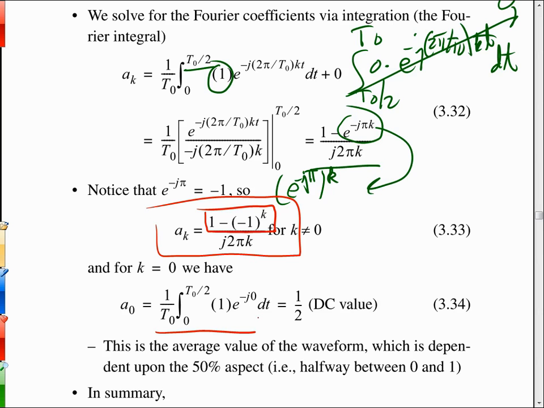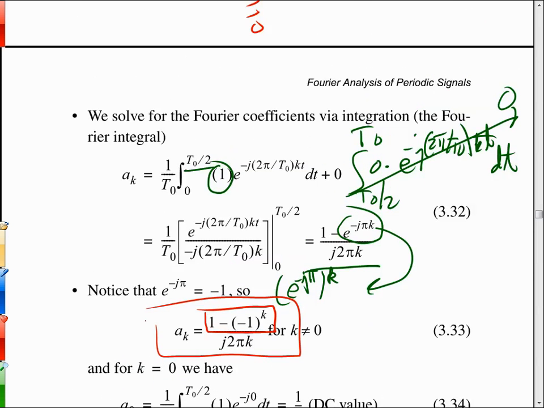I can get that by inspection, but if you want to plug it into the integral, you just have to integrate 1 on the interval 0 to t0 over 2, and that gets you t0 over 2, and then divide by t0, and you get 1/2. Like I said, the DC value, or the average value, which is what A0 is, is one of the terms that I definitely expect you to be able to calculate in this class.